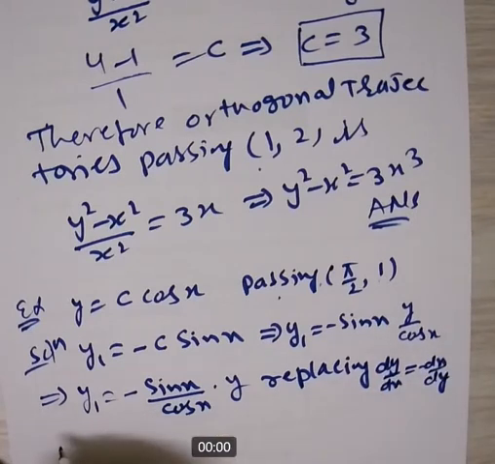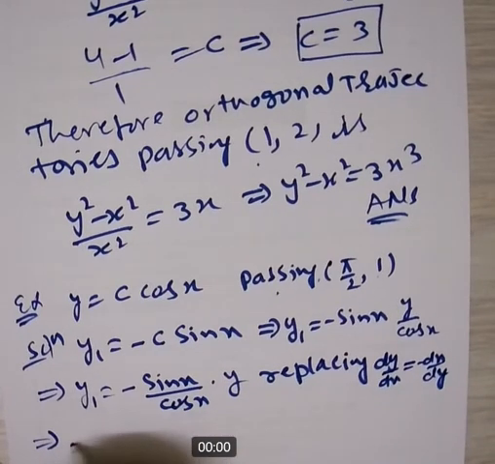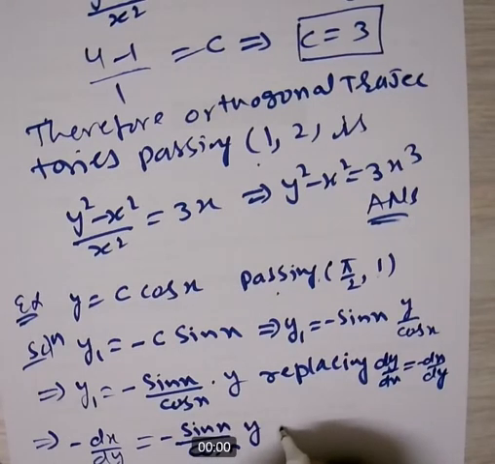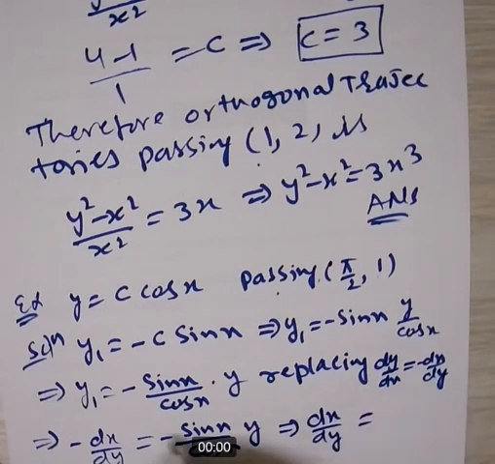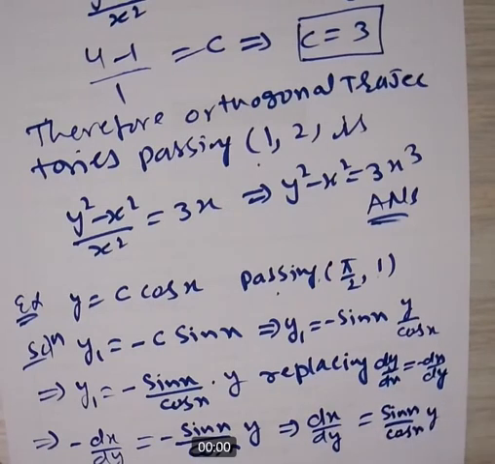Now replace here, it becomes minus dx/dy equal to minus sine x divided by cosine x into y. Now when you simplify, it becomes dx/dy equal to minus minus cancel, sine x divided by cosine x into y, and now solve it.